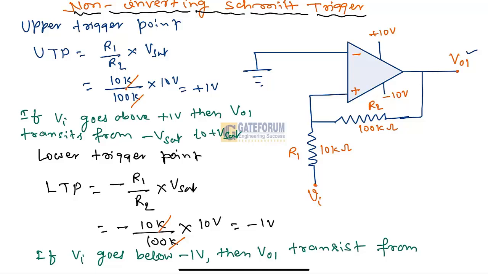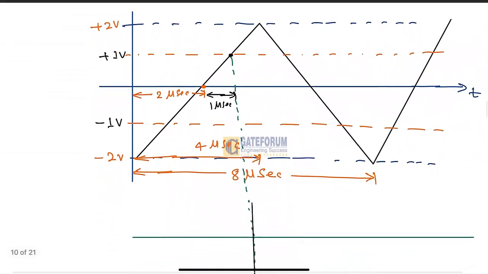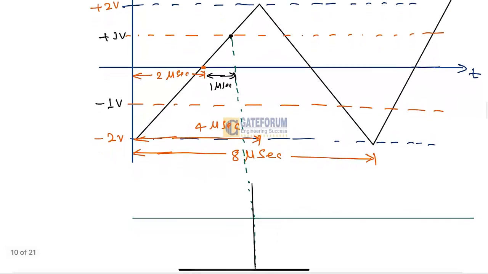It means previously the output of this op-amp, VO1, is at plus Vsat, and now it will transit from plus Vsat to minus Vsat. By taking this UTP, LTP and the peak point of the triangular input waveform given in the question, we are able to draw the corresponding waveform like this.